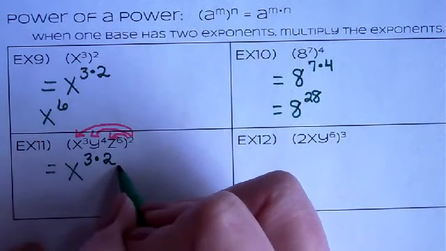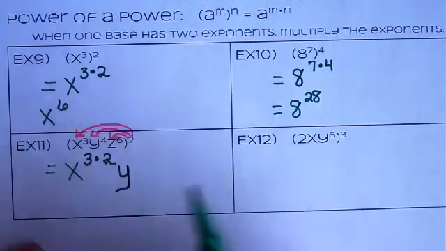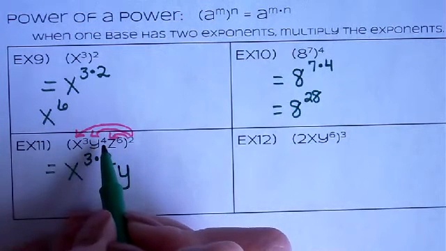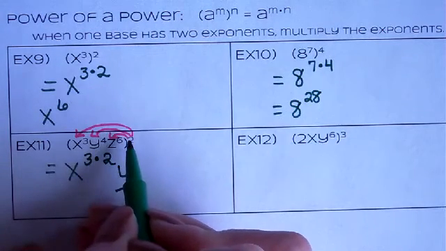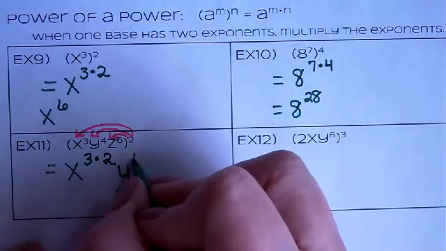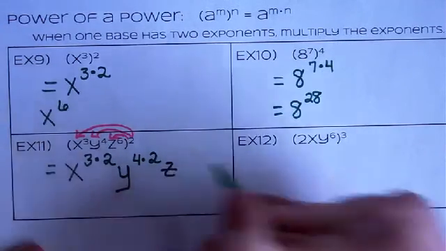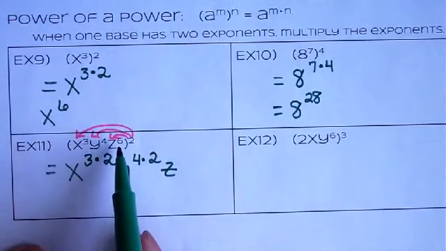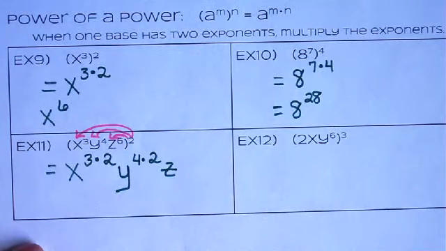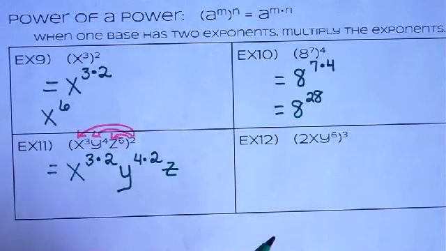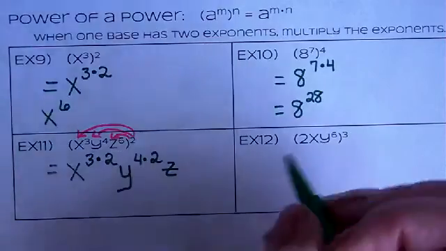Then I'm going to do my y. The y exponent is 4 and 2, so that's 4 times 2. Then I've got my z. The exponent on my z is 6, so that's going to be 6 times 2.